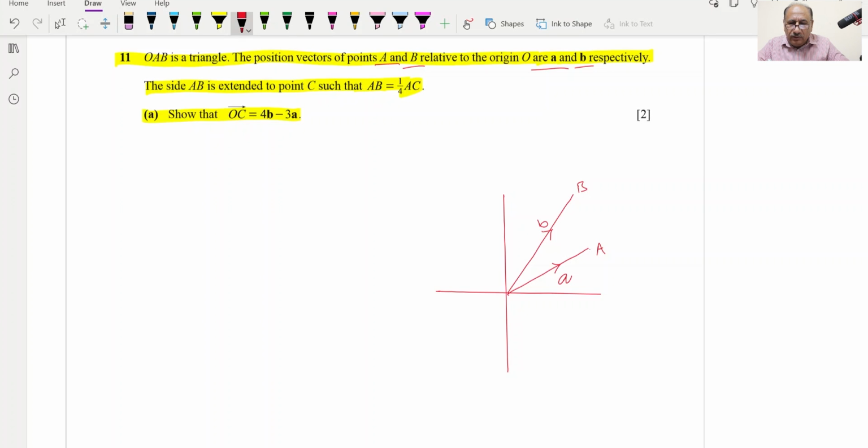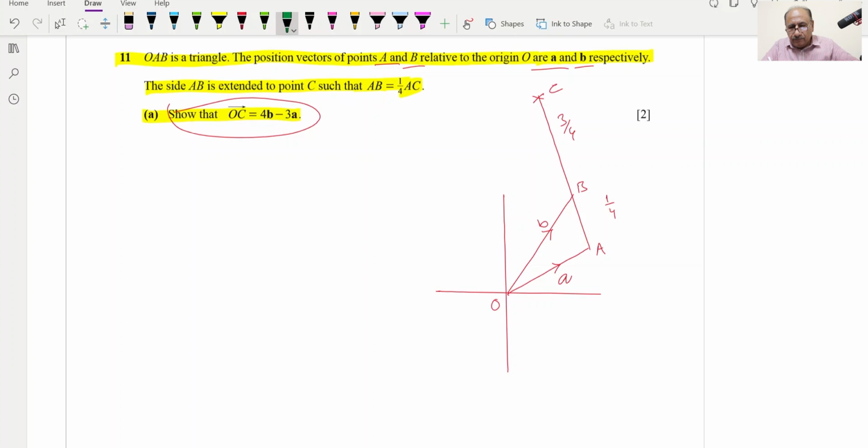So 1 by 4 of AC we can reach up to over here, and say this point is C. So this is 1 by 4 and this will be 3 by 4, and this is the origin, and we have to show that OC is equal to this.